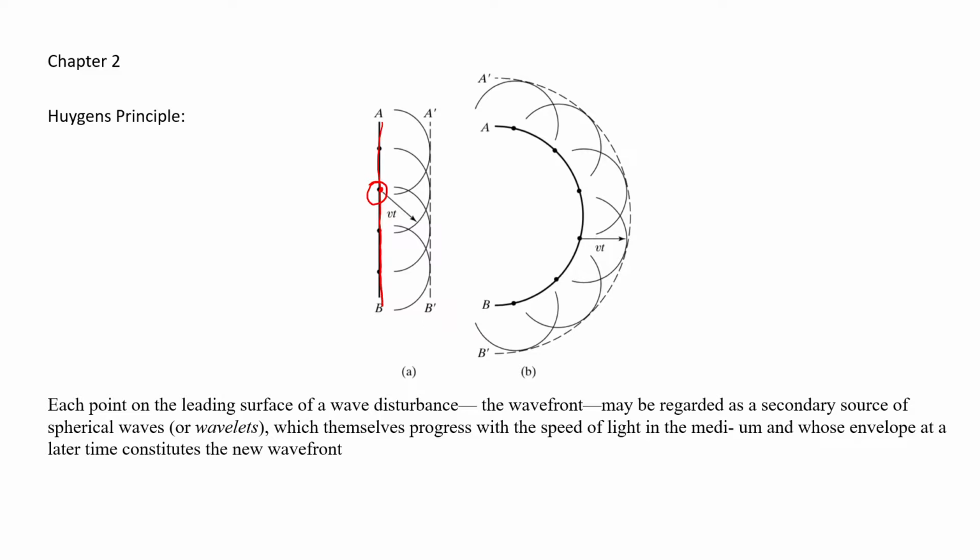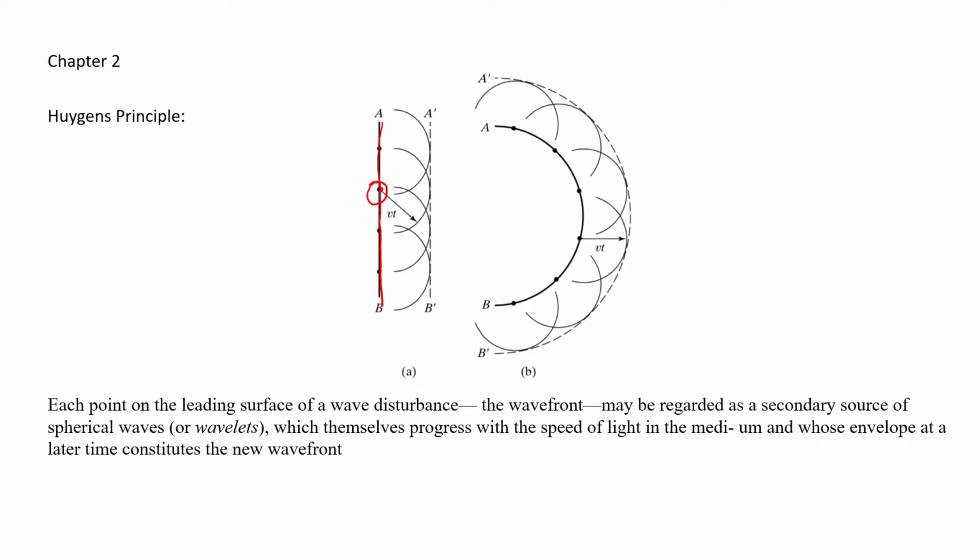AB is the wave front, that is the wave we are beginning with, and each point on this wave front acts as a secondary source to create spherical waves or wavelets, which in turn propagate with the speed of light in that given medium, right?